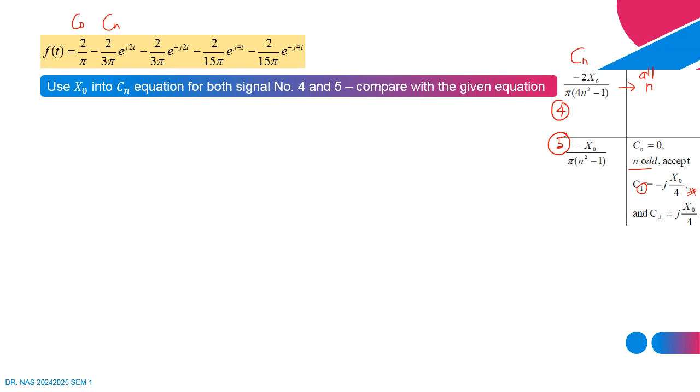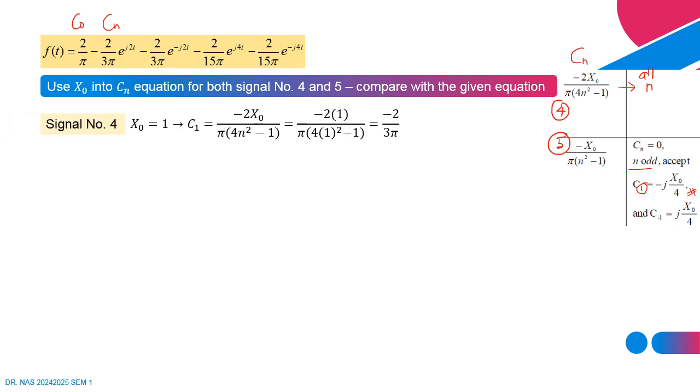So let's look at the given equation. First consider signal number 4. From the earlier calculation, we have x0 for signal number 4 equal to 1. Then for Cn, assuming n equal to 1, replace n equal to 1 into the Cn equation of signal number 4.